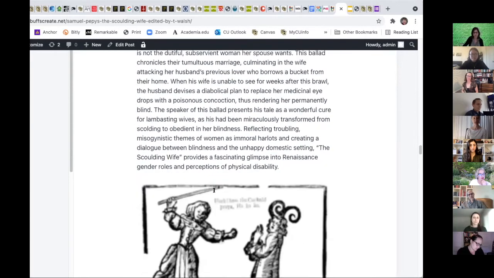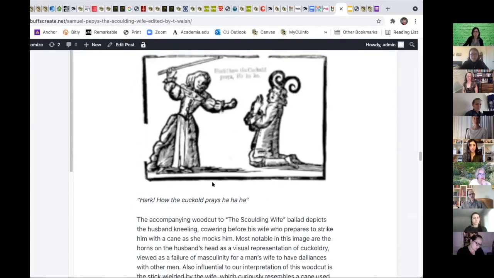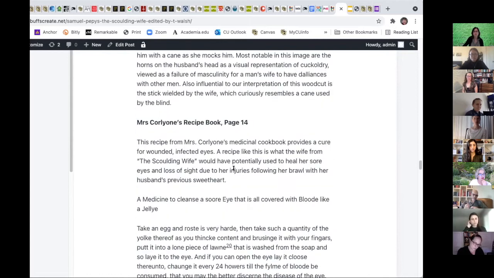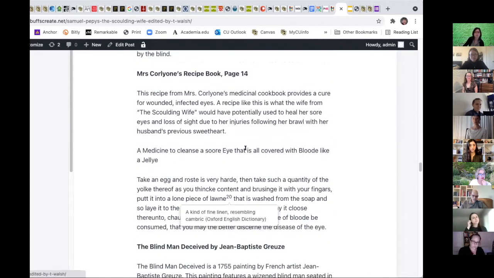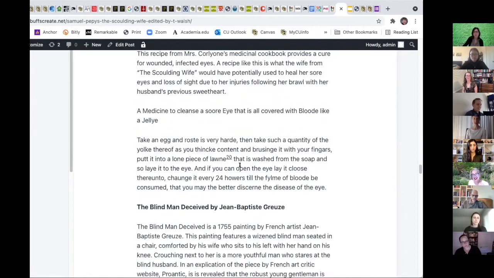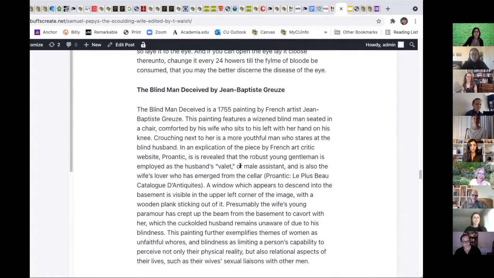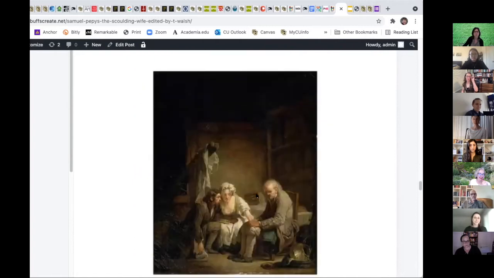And she curated this ballad with a woodcut, a recipe for an eye cure from a recipe book that we looked at in class, and then this painting of the blind man deceived from the 18th century, where the wife and the boyfriend are right there in the room with him.